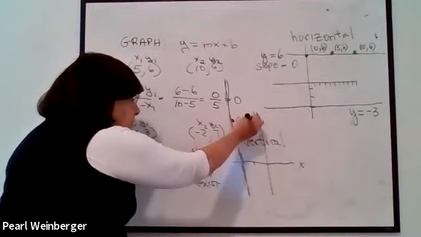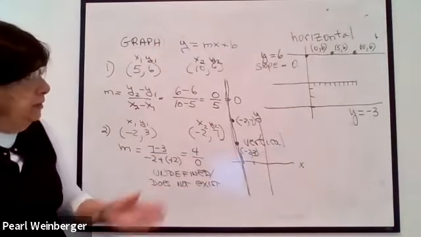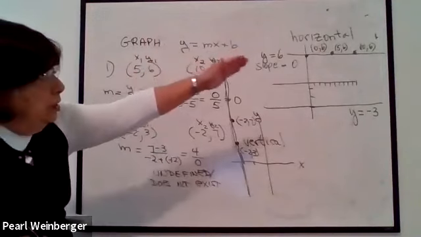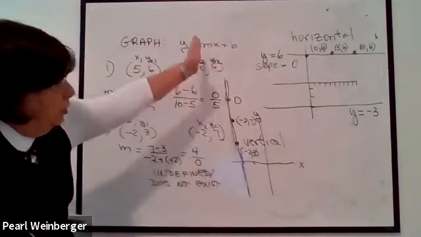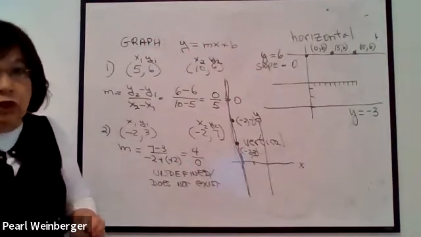And the slope of a vertical line doesn't exist. It's the only type of line that doesn't have a slope. And that makes sense. Remember, slope is telling us rise over run. Well, when I go from one point to the other, I'm going up, but I can't go left or right because there is no run. It's just going straight up. That means it does not have a slope.